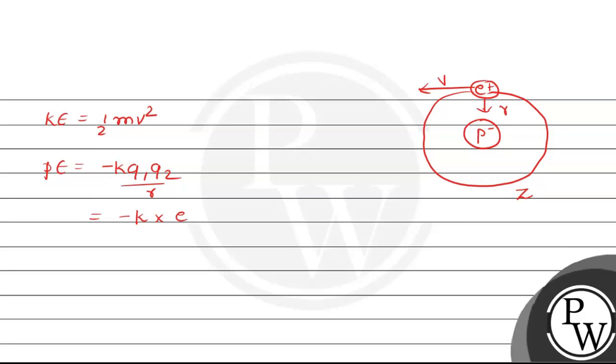This is because charge on positron is same as charge on electron, and q2 represents charge on antiproton. So it will have number of antiproton as Z, and antiprotons has charge same as proton. So the number of charges will be Ze upon r. So from here we can write k Z e square upon r.